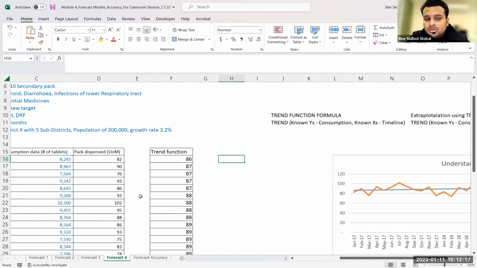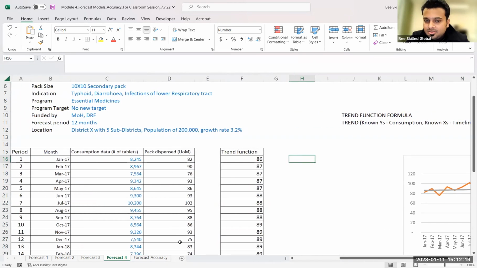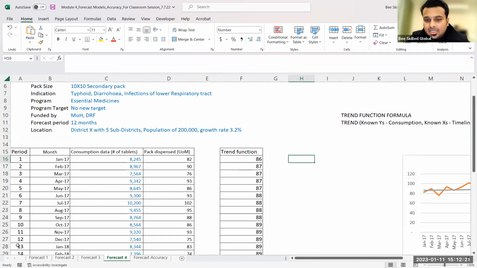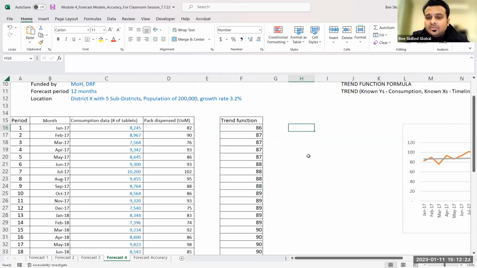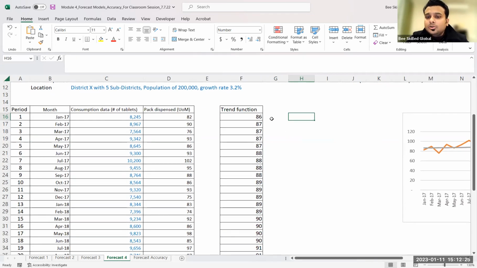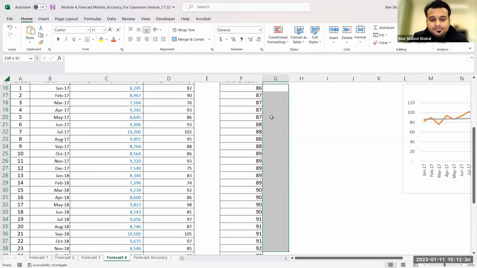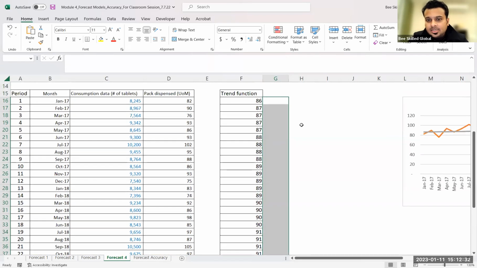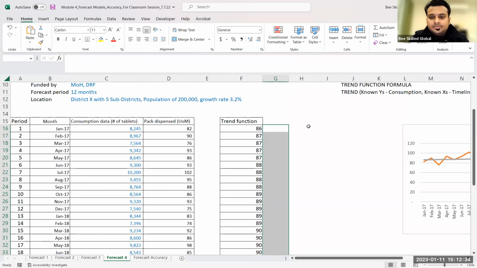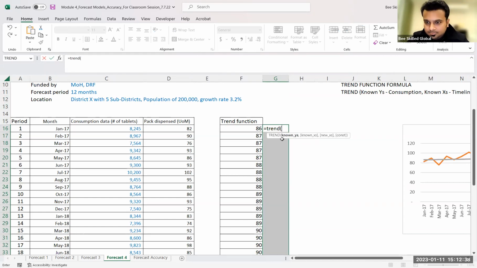So we know the current consumption, we know the current timeline. Whenever we are using trend, we need to select the entire timeline, 24 months, like this. And then we write the formula: equal to trend, known y's. That is our consumption.